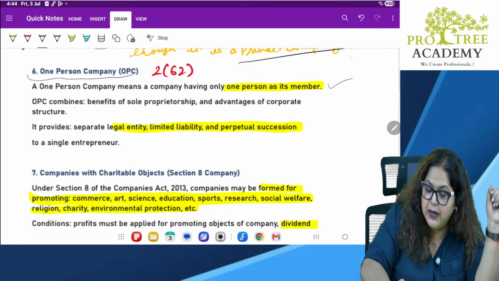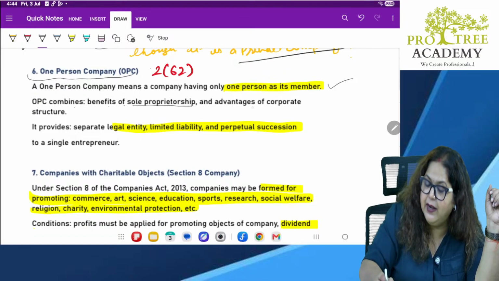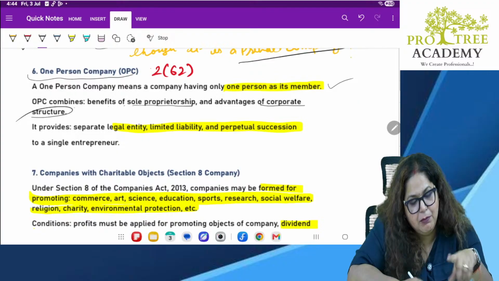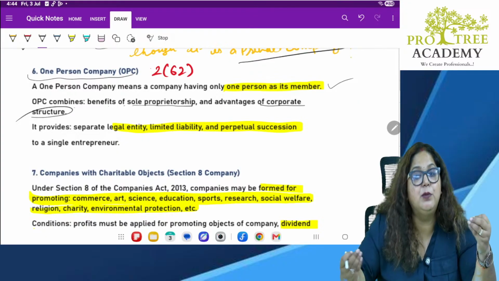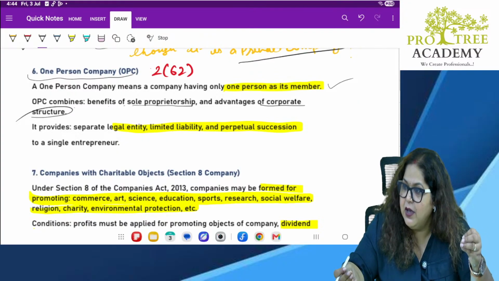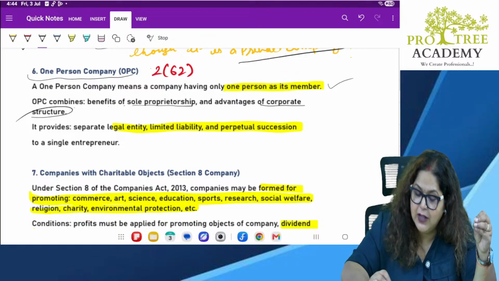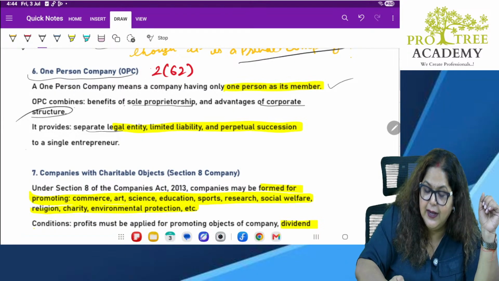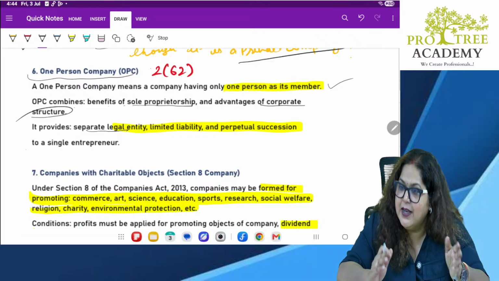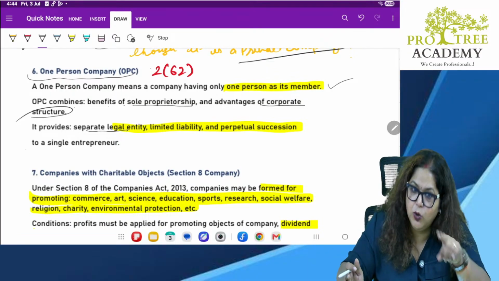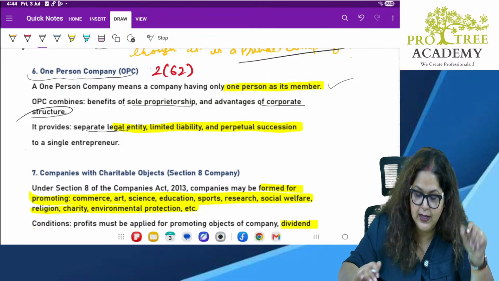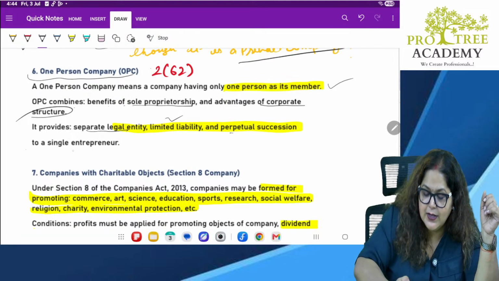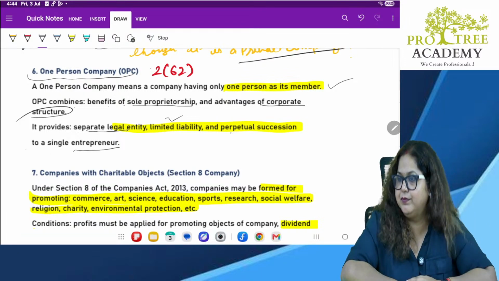OPC combines the benefit of sole proprietorship and the advantage of corporate structure. One member can run the company like a proprietorship, but can take the benefit of the corporate structure also. It provides a separate legal entity. The member is separate and the company is separate, though there is only one member. Then limited liability and perpetual succession to a single entrepreneur. Clear?